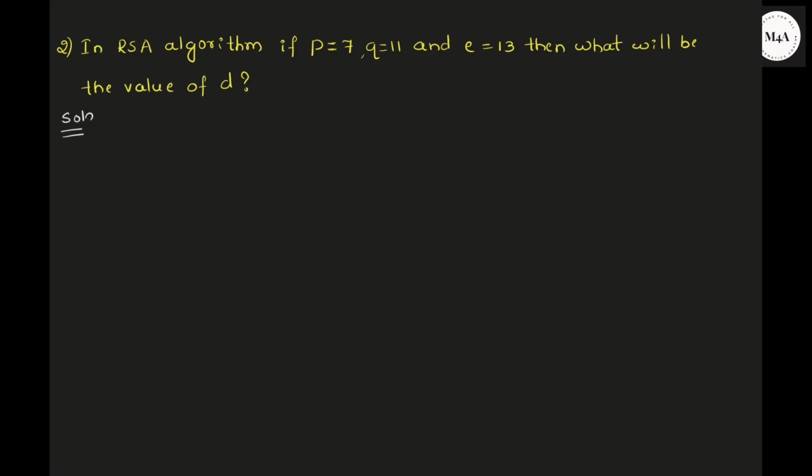So what is given? P is 7, Q is 11 and E is 13. Once you know P and Q, we can find P into Q as 7 into 11, that is 77. So N is 77.